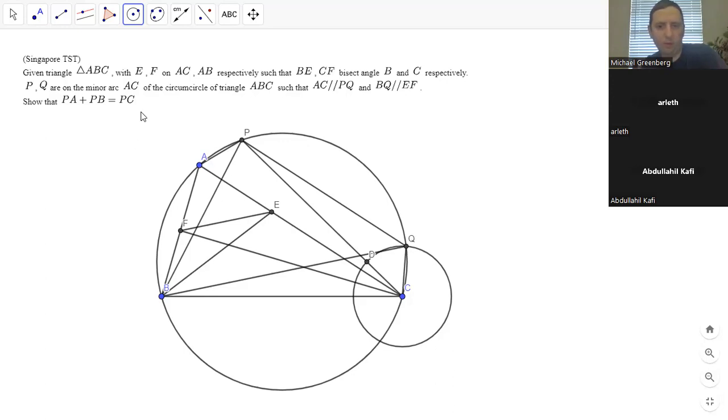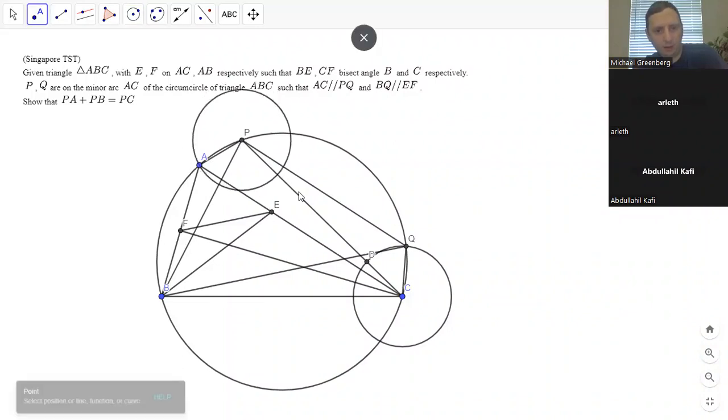Let's see. So yeah, really we want to see if there are any congruent triangles or something. Or what we could do is we could draw this and try to show that CG equals PB.